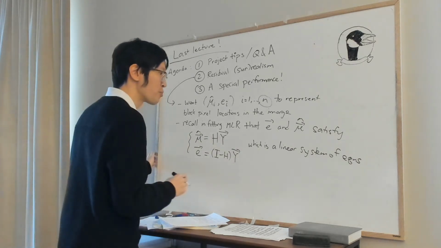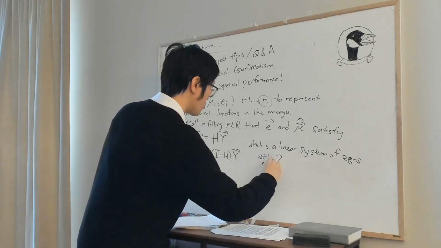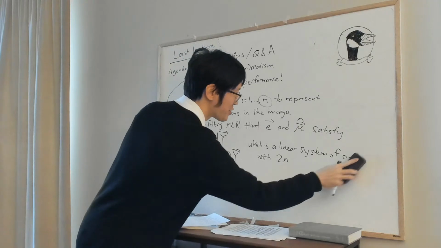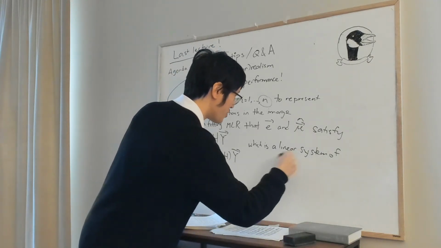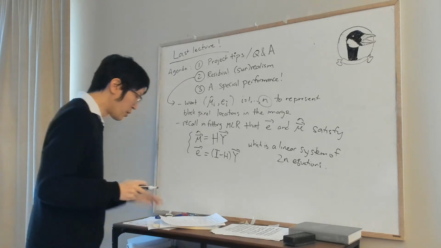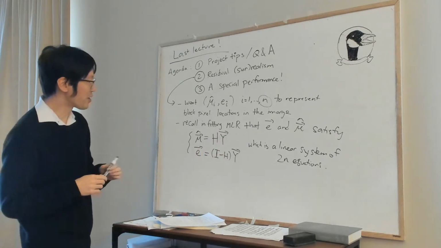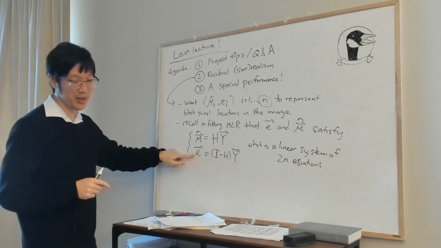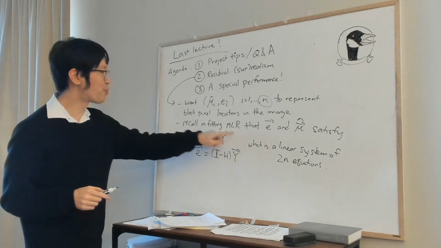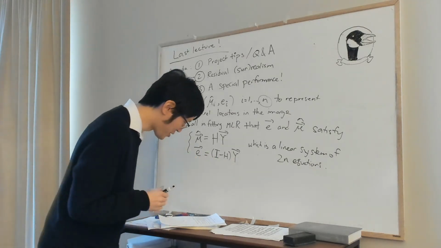So this is a linear system of 2n equations. Now instead of using the model and calculating mu hat and E, we plug in the mu hat and E that we want, and then we have to choose an appropriate hat matrix and appropriate response that satisfies these equations. Okay, so that's the basic idea.